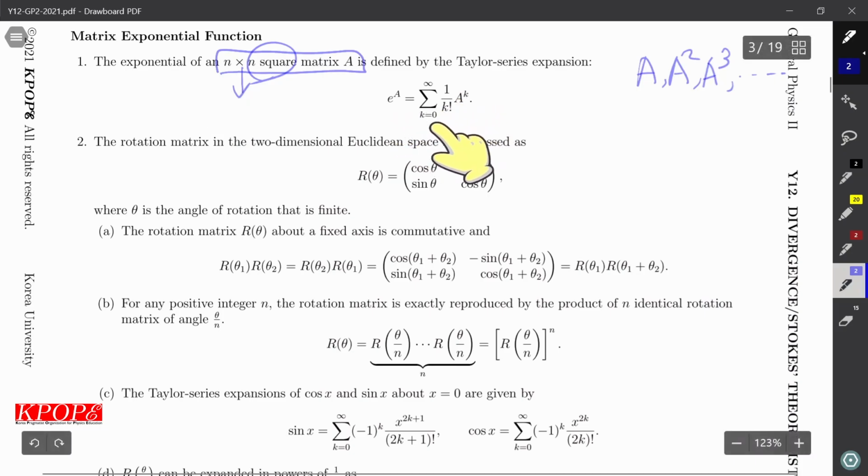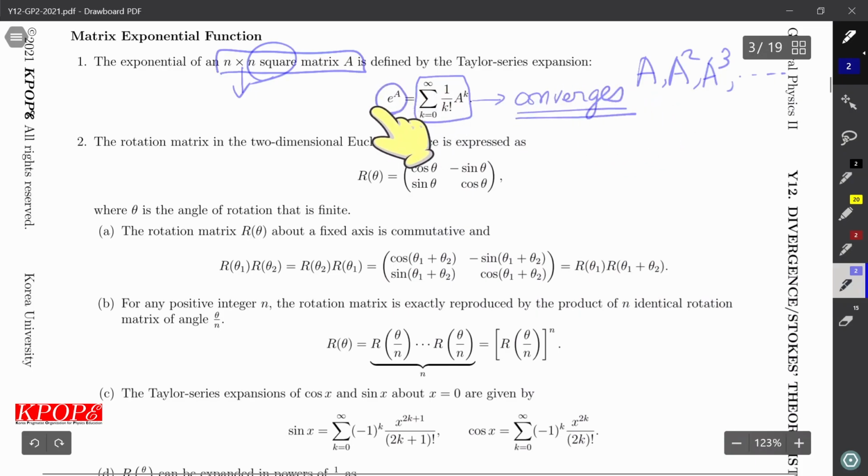If the matrix sum converges, then we define that matrix to be exponential A. This is an example of the exponential of a square matrix.